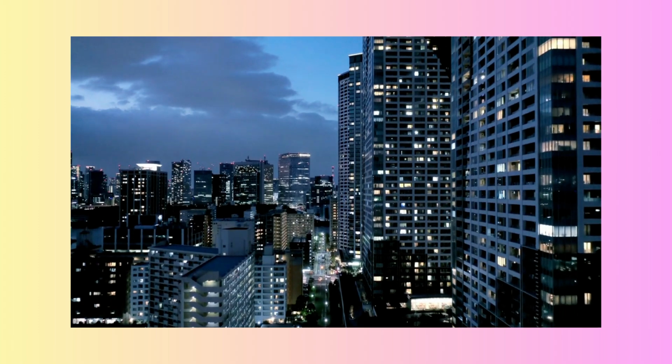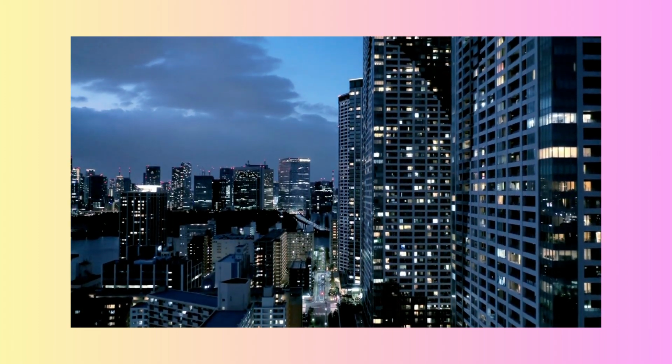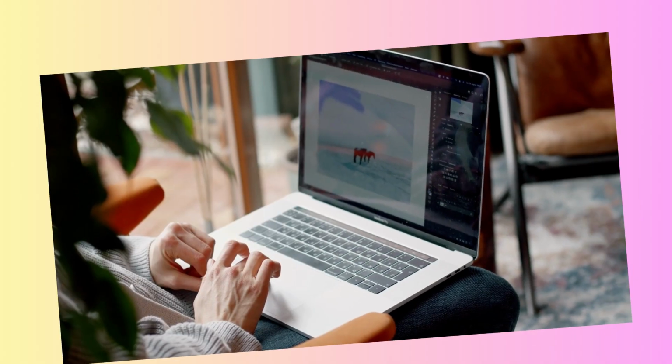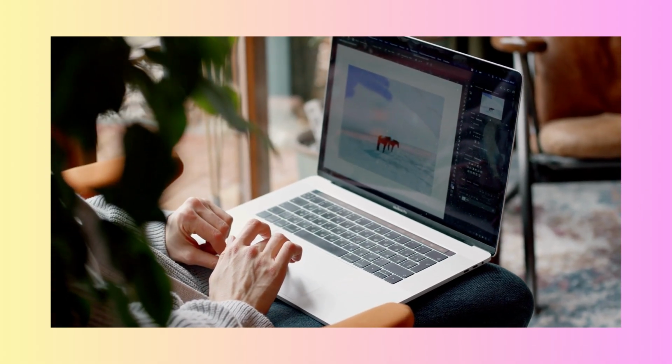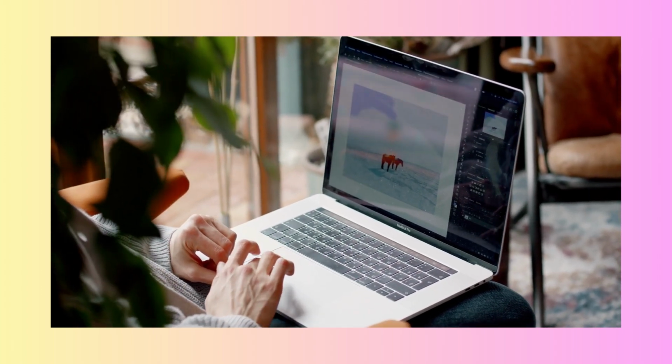In the middle, we have complex projects. These involve numerous moving parts, dependencies, and stakeholders, and they carry a higher level of risk. A good example is developing a new software application with various teams working on different components.